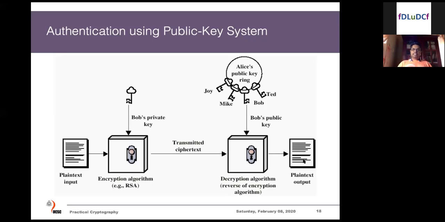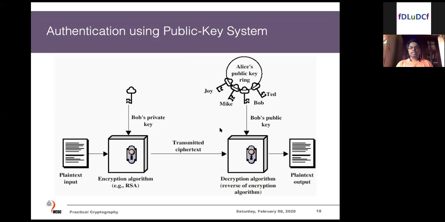Actually, the opposite operation has very interesting requirements. For example, let's say Bob encrypts data using his private key. Which key should we use to decrypt it? We have to use Bob's public key to decrypt it. Bob's public key might be held by Alice, Mike, Ted, Joy, or maybe anyone else, because when Bob sends his public key to Alice, someone else might take it as well.